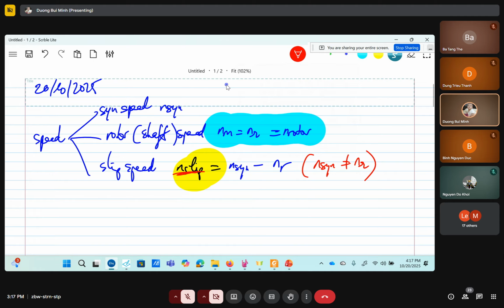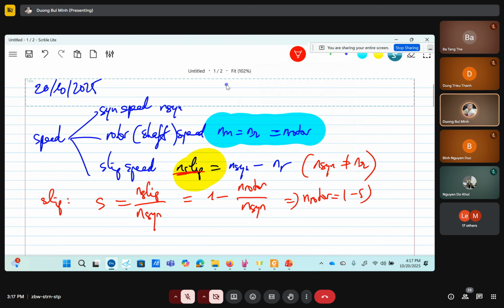We define slip as S, and S is n_slip over n_sync, equal to 1 minus n_rotor over n_sync. We modify this a little bit, and you get n_rotor is (1 minus s) times n_sync.